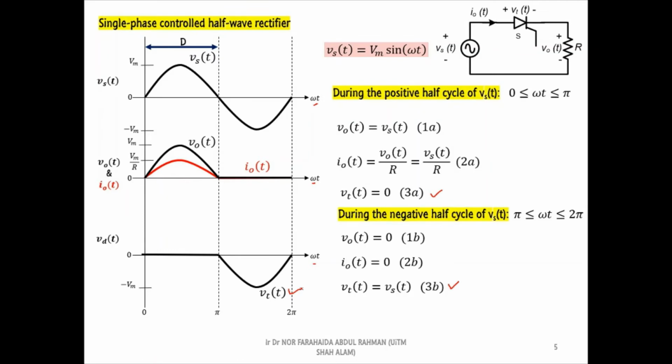Please remember that the thyristor can only turn on during the positive half cycle of the supply voltage. Thus, we just need to apply a control signal during that half cycle.